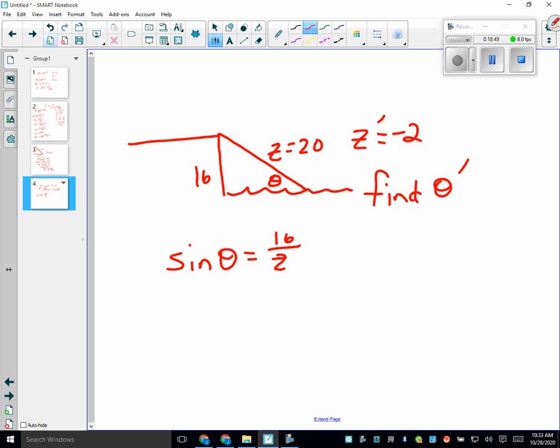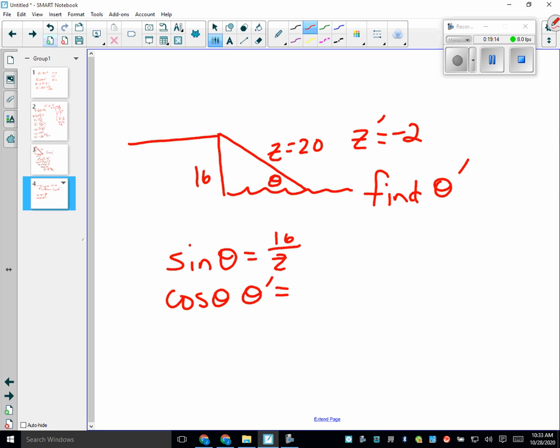Isn't z changing? Yeah. So it has to be a letter. Is 16 changing? So it's a number, unless there's some wobble on the bridge. What is the derivative of sine of theta? Cosine theta, theta prime.